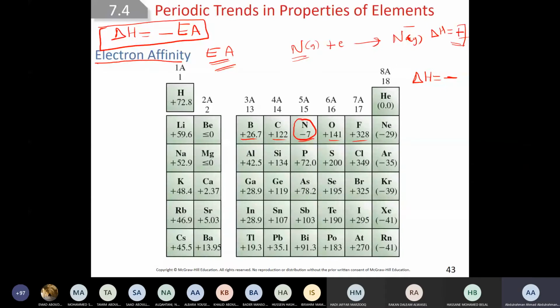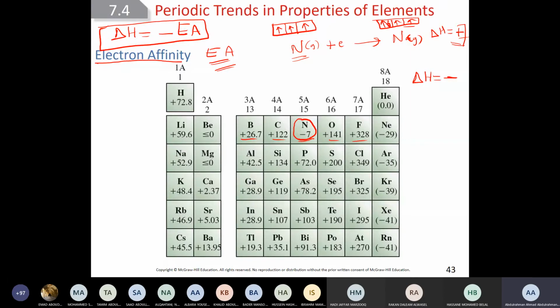Because nitrogen has 3 rooms, and when you want to add an electron to it, where are you going to put the electron? With the opposite spin, downward. Add electron 1, 2, 3, and you're going to put one more here.